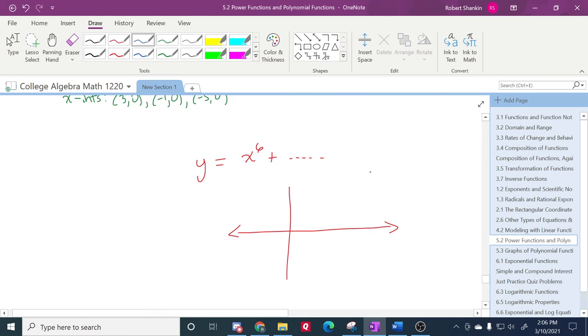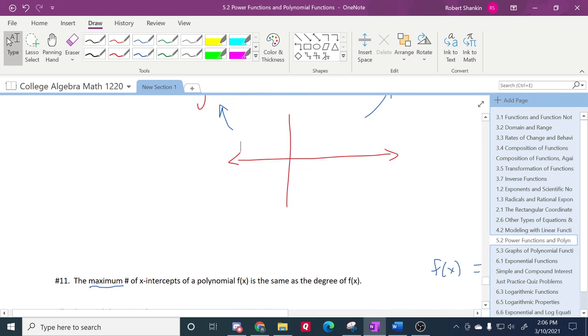It looks something like this, because I know its end behavior. And then in between these, it's got to hit the x-axis and hit the y-axis at various times. And if I just get those points where it hits the x-axis, hits the y-axis, I've got a lot of information about this. I know where it goes in the long term, and I know something about what's happening in between. Okay, so that's where we're going, and that's why we're focusing on the intercepts.